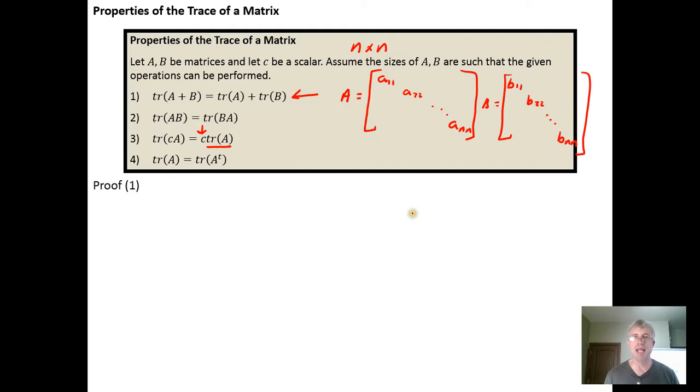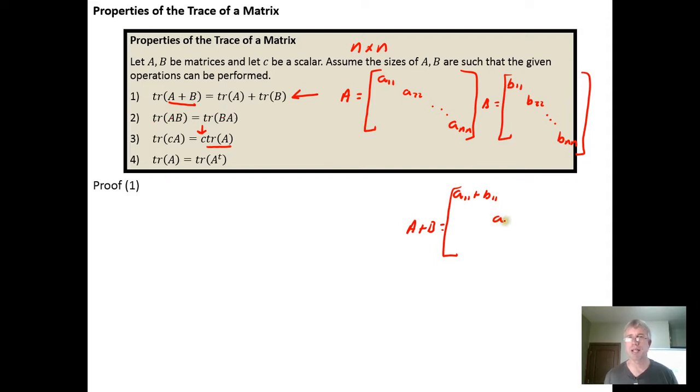So when you add A plus B together, you know that addition gives the sum of corresponding elements. So the trace of A plus B is going to be the sum of the diagonal elements of A plus B, but A plus B's diagonal elements are just the sums of the corresponding elements from A and B. So you're going to have a11 plus b11.